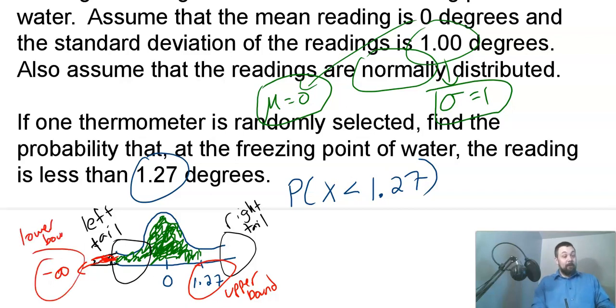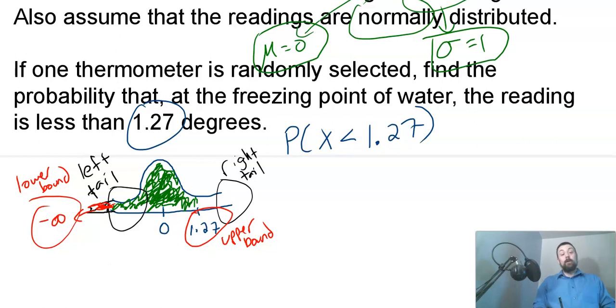Now, I think some calculators actually will let you put infinity. Maybe even the TI-84, but at least, I don't know if it's the model I have or the earlier models that I used to use, you couldn't put infinity as a bound in normal CDF. It just wasn't that sophisticated to be able to handle that. So my habit is to just pick a really, really small number, like negative 99999, just a bunch of nines. I would say at least 6 nines, if not more, right?